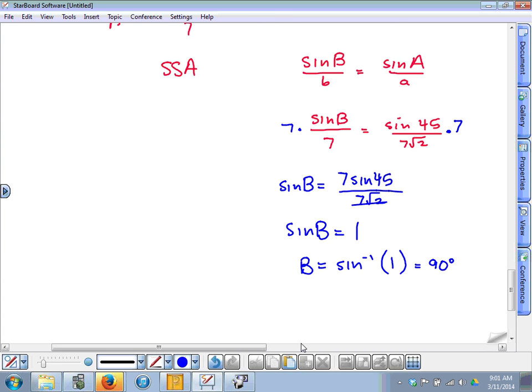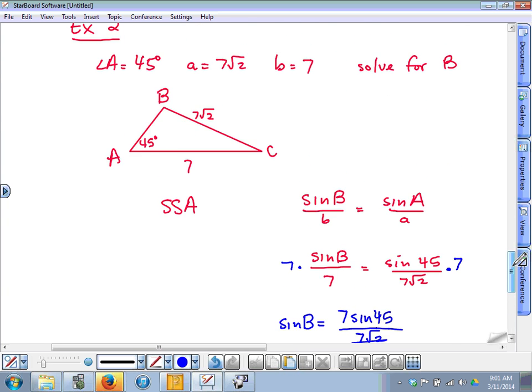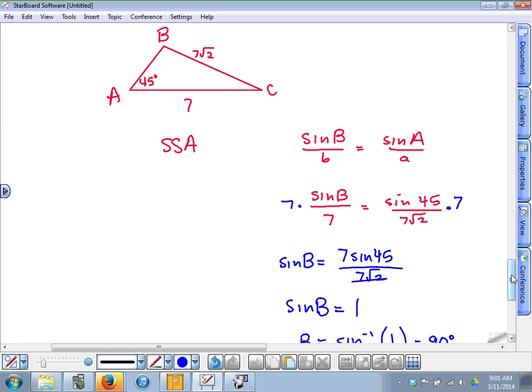And there's no solution. That's what I was trying to get at earlier. With the law of sines, the ambiguous case, you have 3 instances of answers. Either it's no solution, or you have one answer, which means one triangle, or you have 2 triangles.